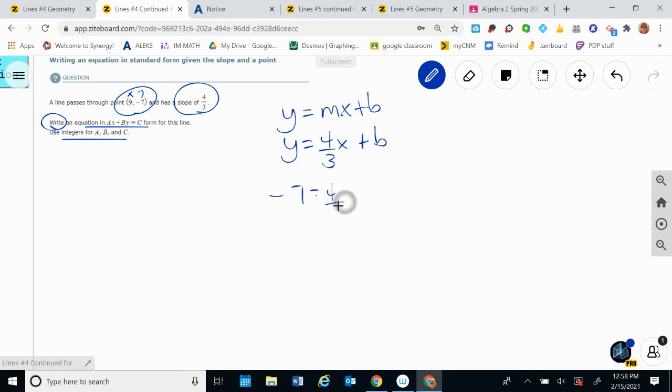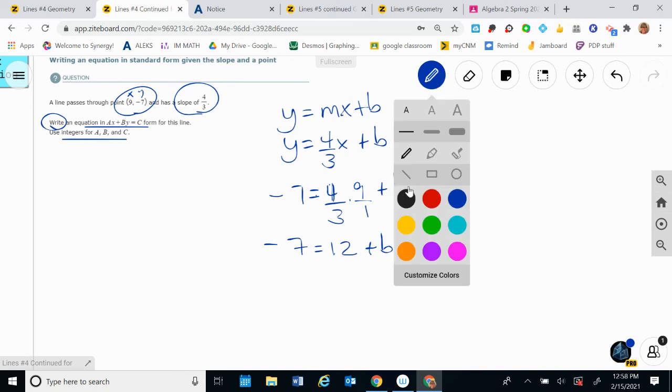-7 equals 4/3 times 9 plus b. Now this is getting a little harder, you guys. No, it's not that hard, never mind. Now simplify this. 4 times 9 is 36. 36 divided by 3 is 12, plus b.